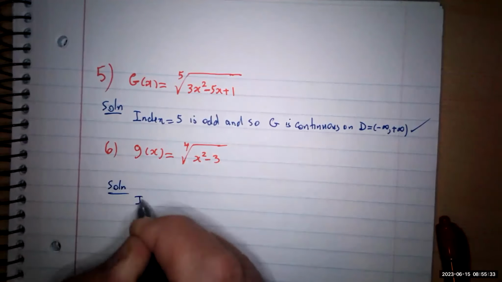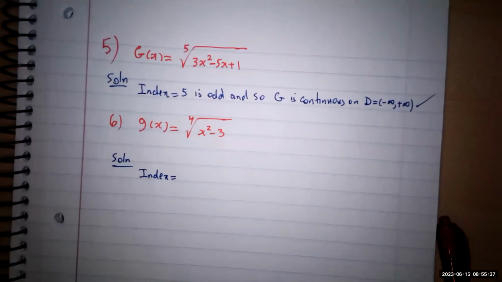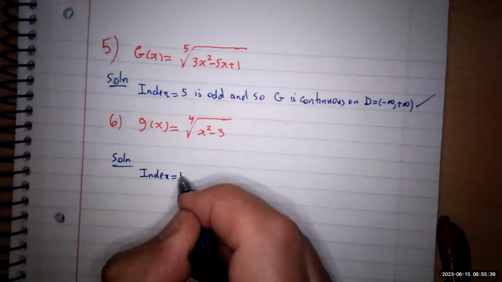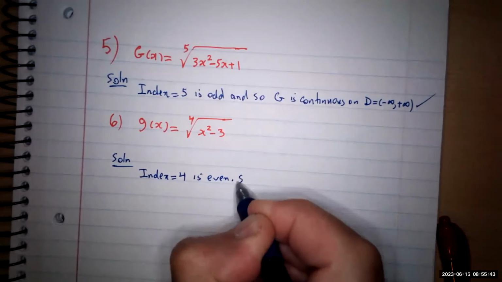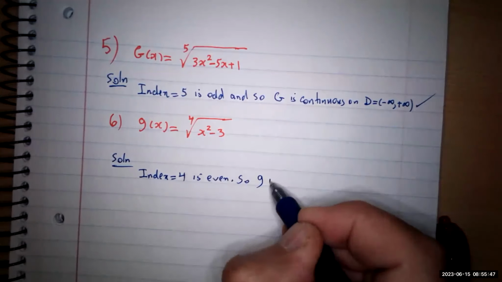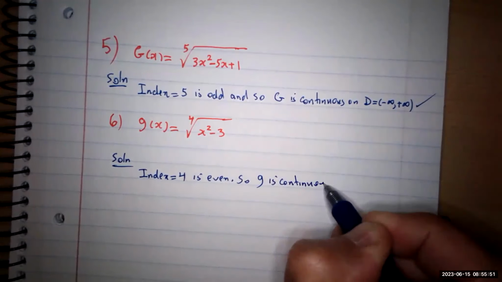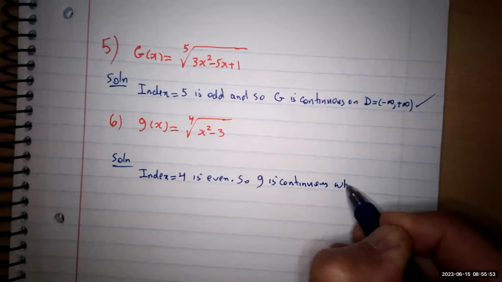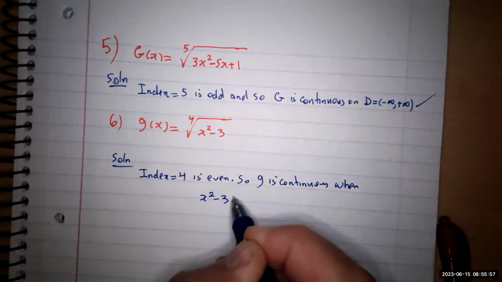You go with the index first, index 4 is even. So this means your function is continuous because of the polynomial. G is continuous, but only when you guarantee that the x squared minus 3 is greater than or equal to 0.